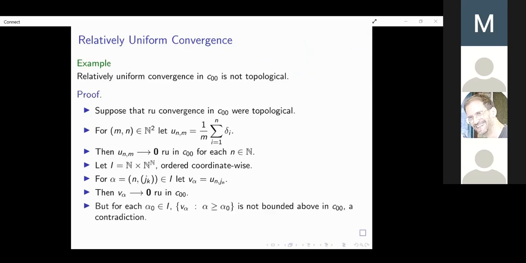But if you look at the net V alpha, we'll see that every tail of this net is unbounded in C00, because the supports of the V alphas increase. And so we have a contradiction. So again, relatively uniform convergence is also in general not topological.